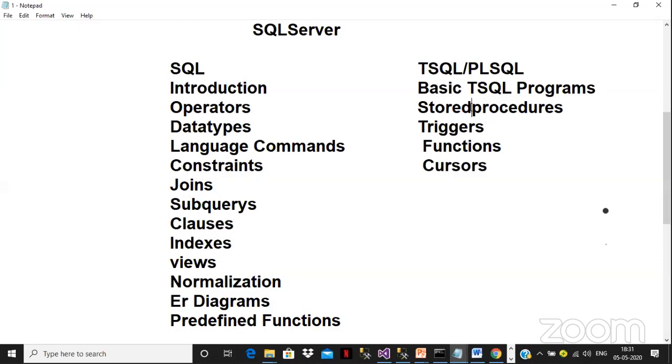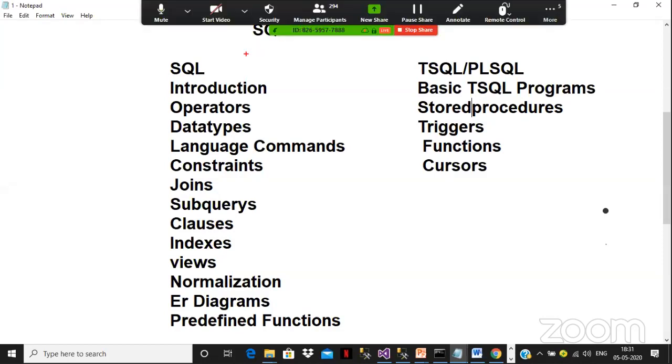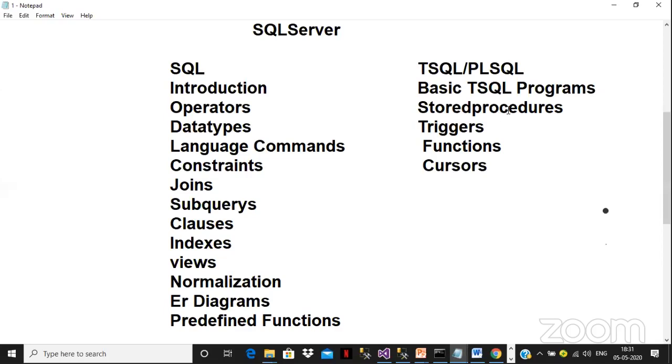A lot of language commands are there. Constraints are there, like primary key constraint, unique key constraint, check constraint, default constraint, composite primary key constraint, foreign key constraint, not null constraint, null constraint. We'll discuss constraints, a very powerful topic.